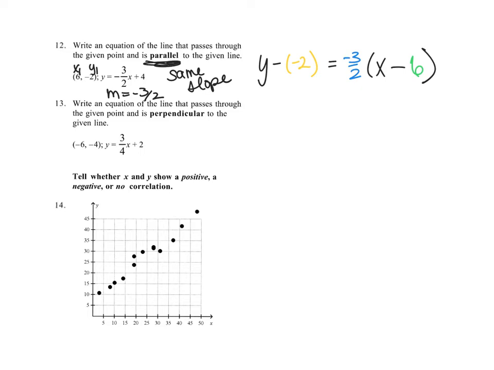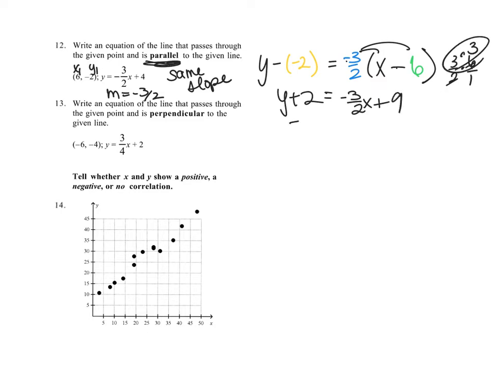And then we get y plus 2. Distribute your 3/2 equals negative 3/2 x. Negative negative is going to make it plus. And 3/2 times 6 over 1. 2 goes into 6 3 times. 3 times 3 is 9. And then minus 2. Y equals negative 3/2 x plus 7.